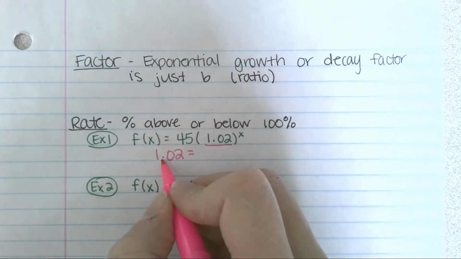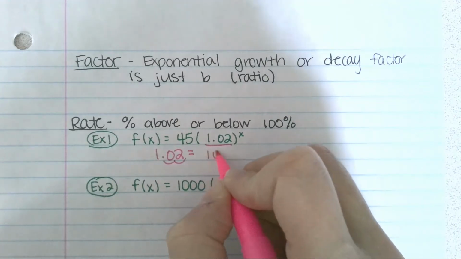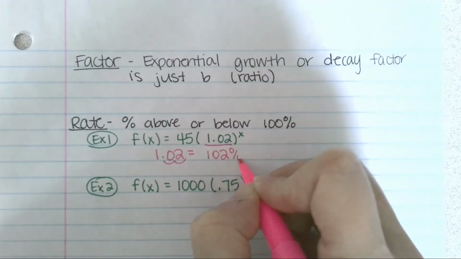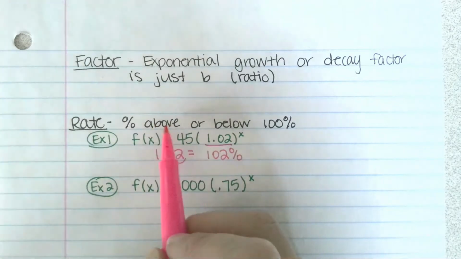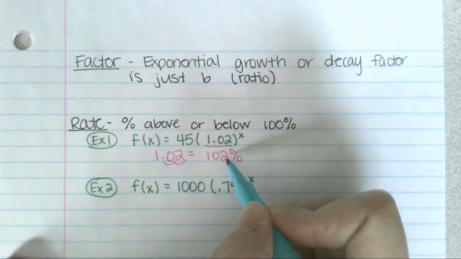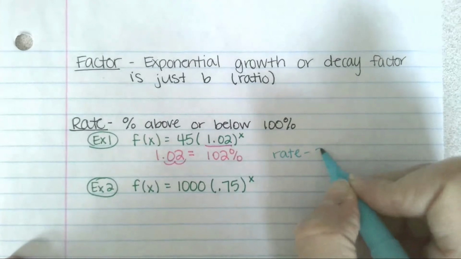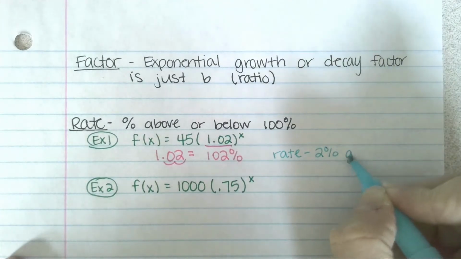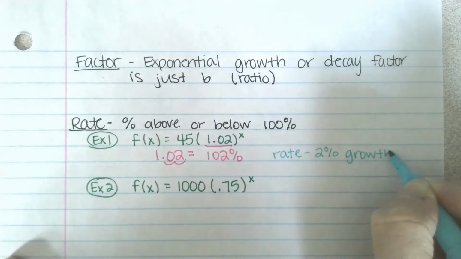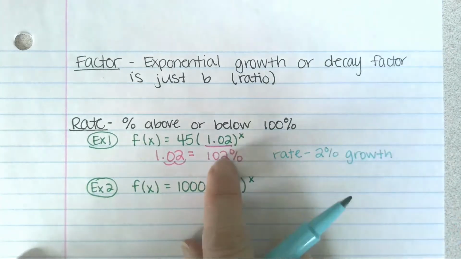So that takes the decimal point, moves it 2 over, and that's 102%. Now the rate is how far above or below 100 you are. So for this, we're 2% above 100. So the rate is 2% growth. Growth because it's over 100. 2% is how far above 100.